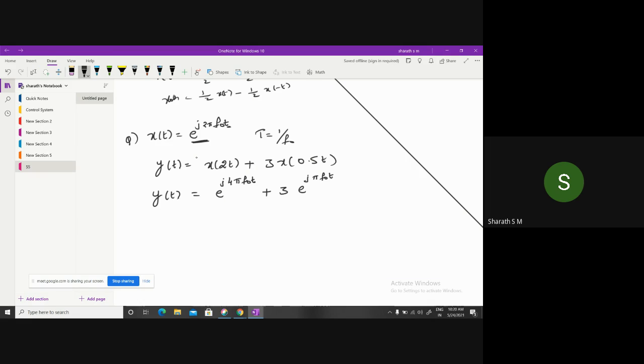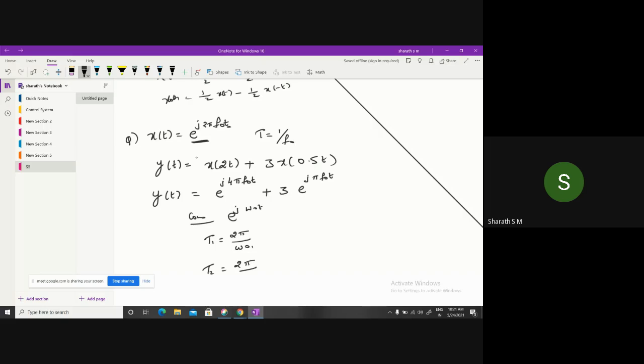So now compare with e power j omega naught t. We need to find omega naught 1 as well as omega naught 2. As we know, T is equal to 2 pi by omega. We have an addition of two signals, so T1 is equal to 2 pi by omega naught 1 and T2 is equal to 2 pi by omega naught 2.